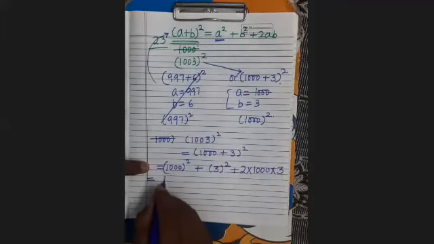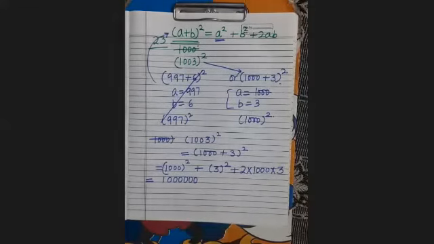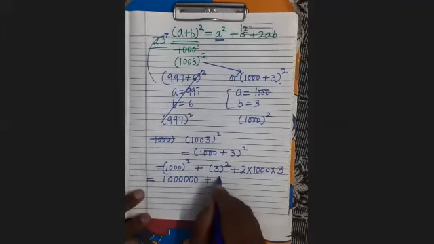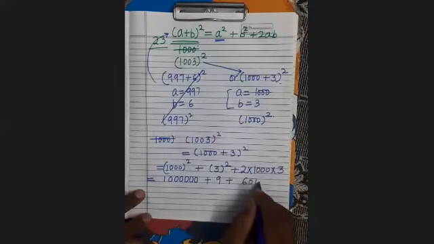You can see here, how many zeros? 6 zeros. 1000 whole square means 1000 into 1000, so 1 के आगे 6 zeros. 3 square is 9. 2 threes are 6, this is 6000.